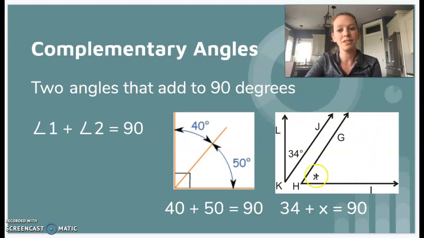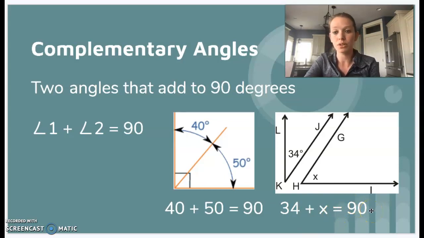So if you had these two angles over here, and I know that the angle LKJ is 34, and you were then told that these two angles are complementary angles, you could write out a math problem like this: 34 plus that angle is equal to 90 degrees.